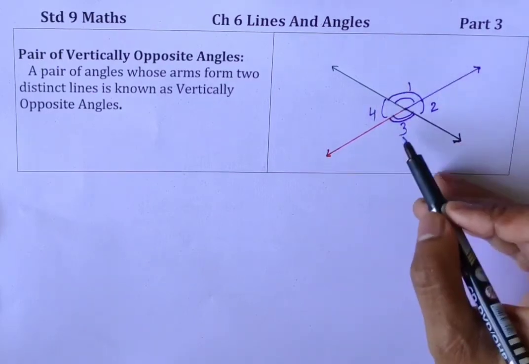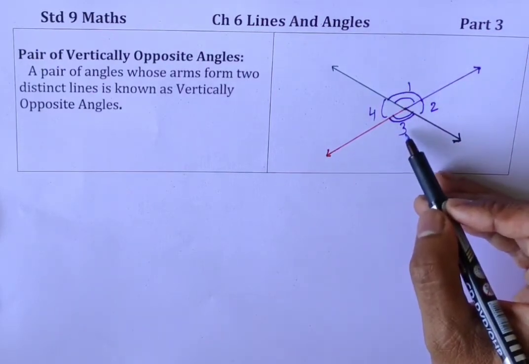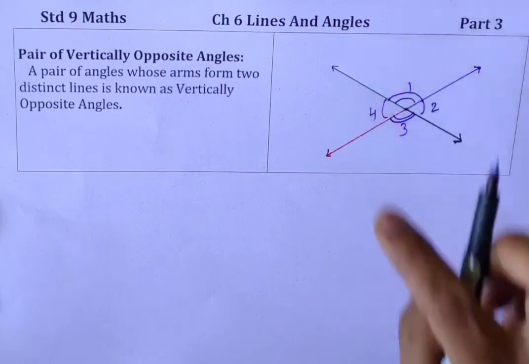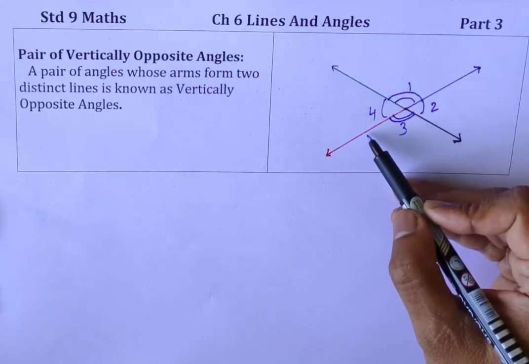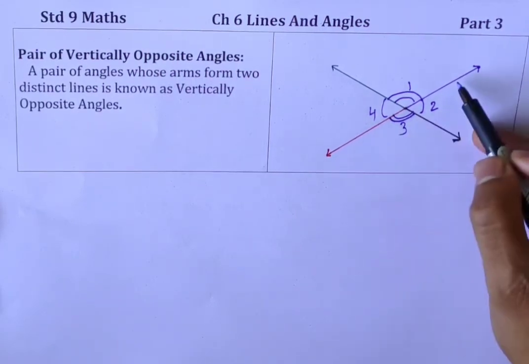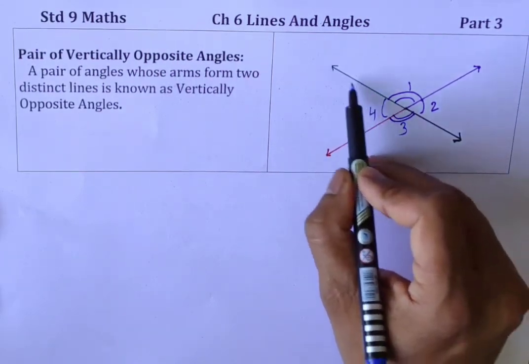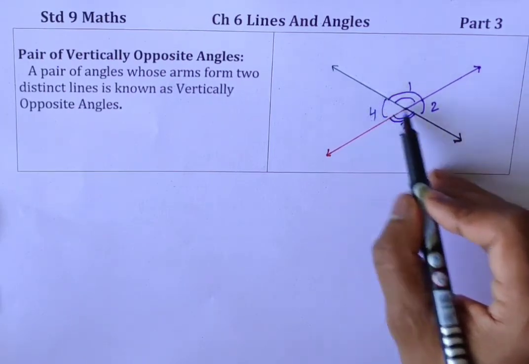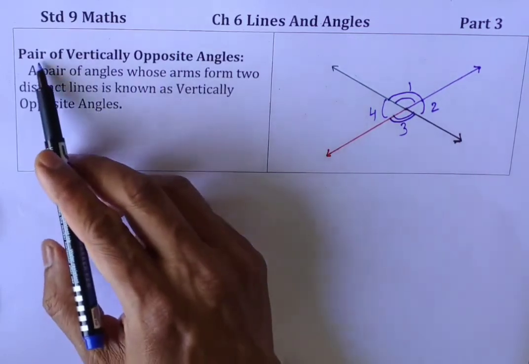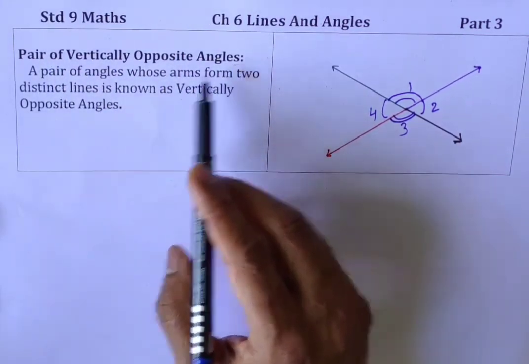Two arms of angle 1 and two arms of angle 3, they form a pair of lines. The blue arm of angle 1 and red arm of angle 3, they form one line. The green arm of angle 1 and black arm of angle 3, they form another line. So that is the definition of pair of vertically opposite angles.